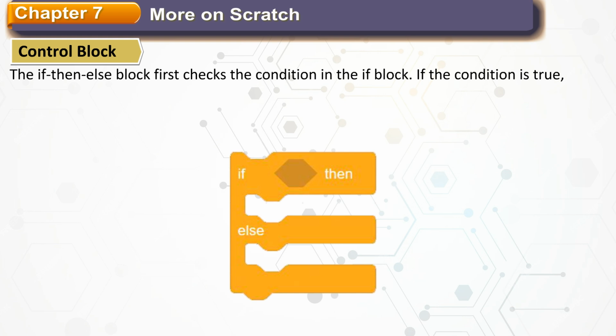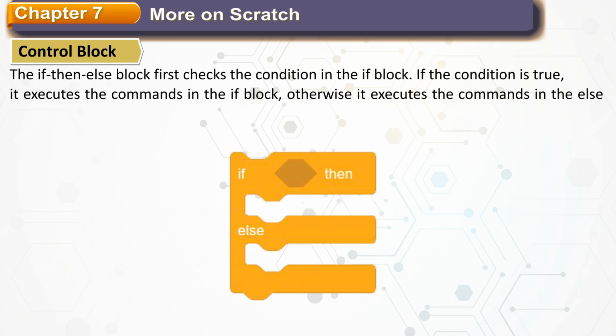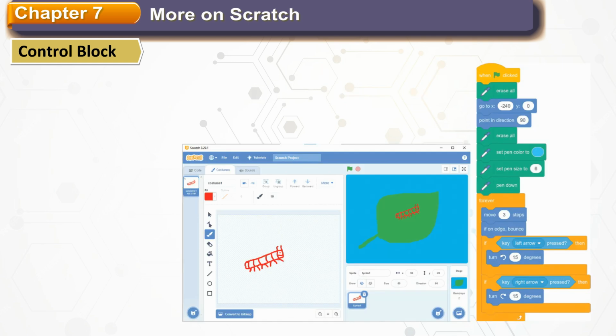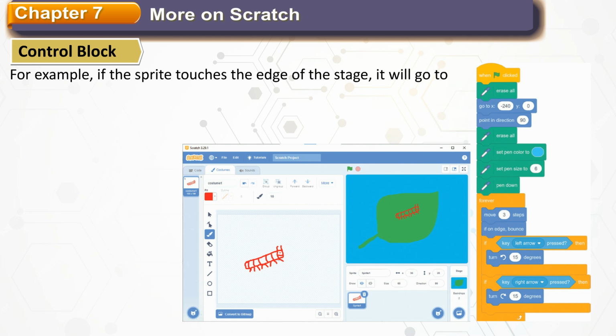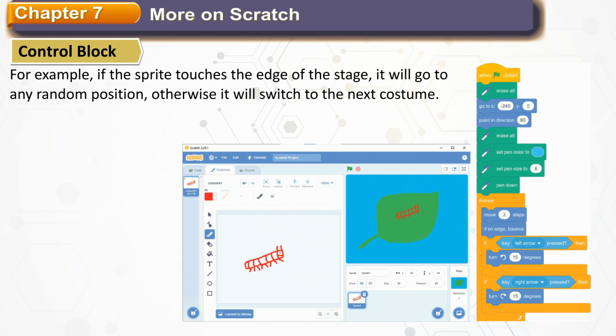If the condition is true, it executes the commands in the if block. Otherwise, it executes the commands in the else block. For example, if the sprite touches the edge of the stage, it will go to any random position. Otherwise, it will switch to the next costume.